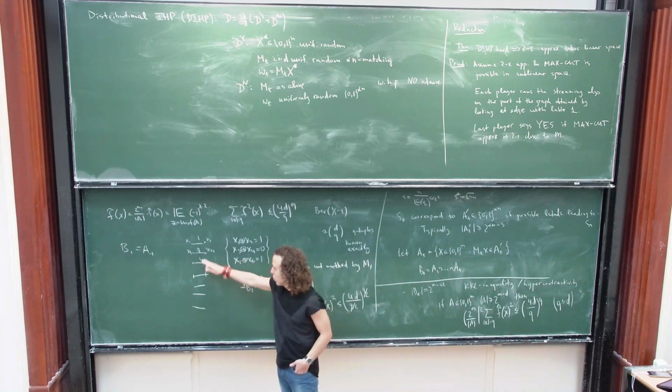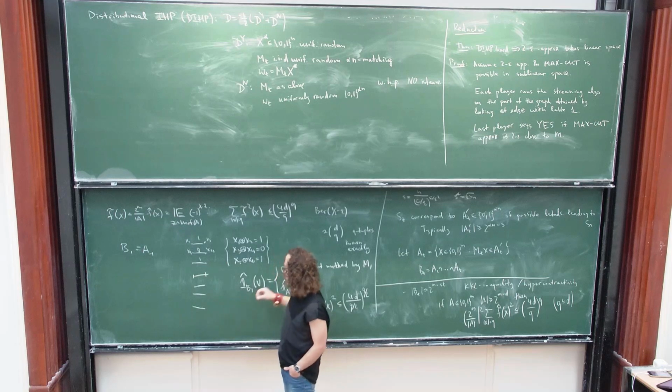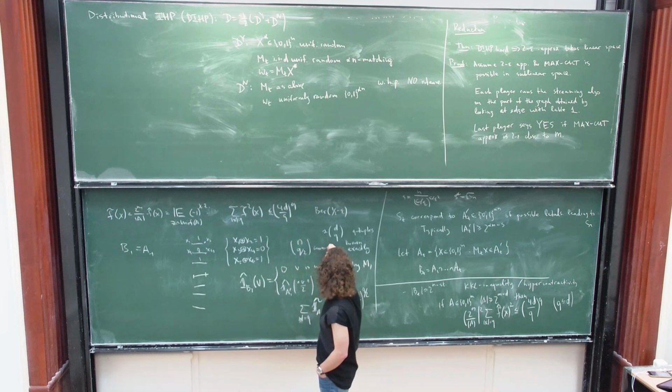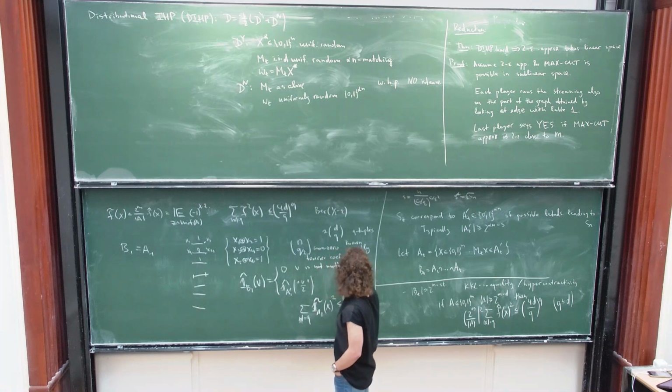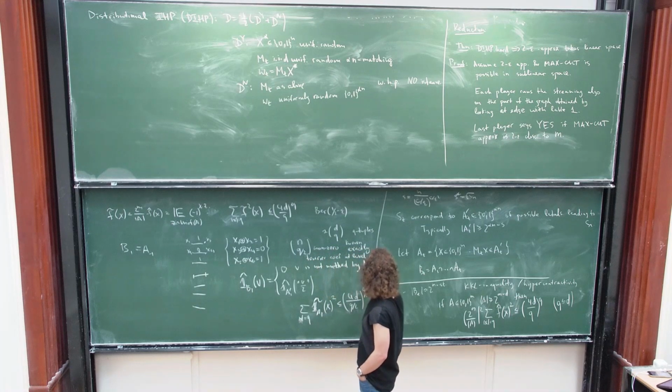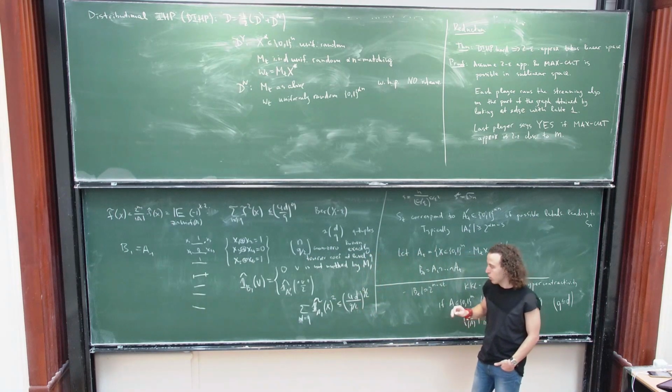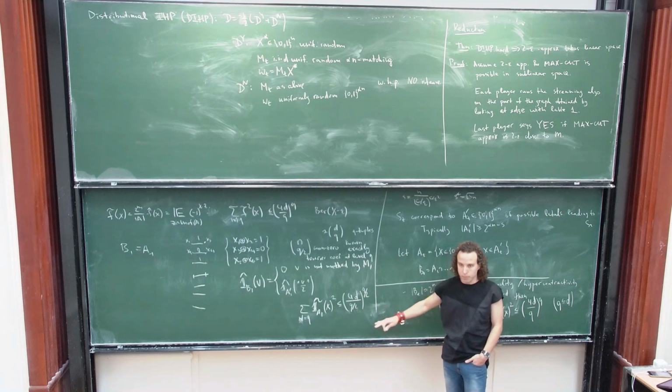So here, you have only n choose Q over 2 non-zero Fourier coefficients at level Q, that's an additional feature together with this.